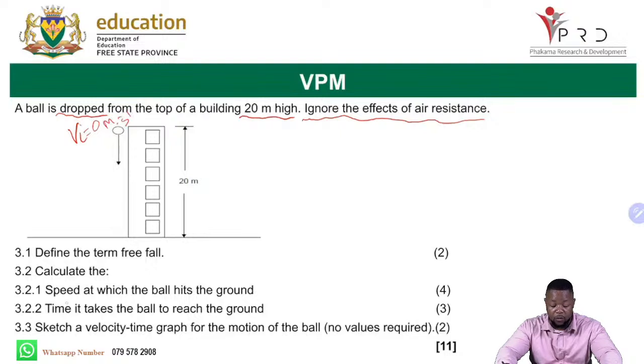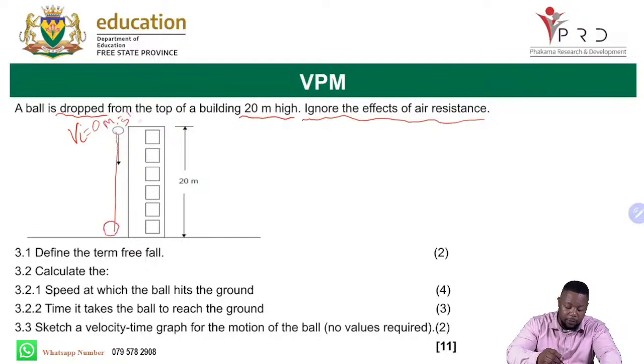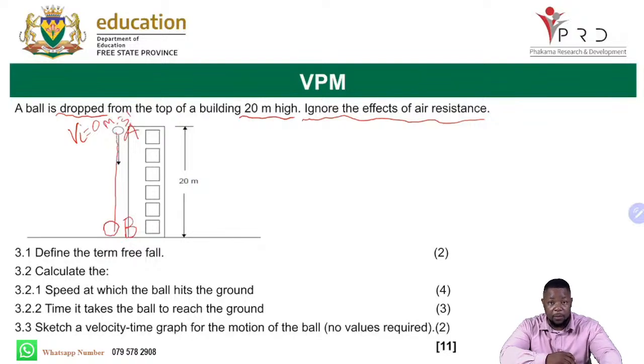Now, the trajectory of this ball should be moving in this way. If we take this point to be A and the second point to be B, this is the path that should be followed by the ball as it hits the ground, starting from A with an initial velocity of 0, then it will get to B with an unknown velocity or speed.